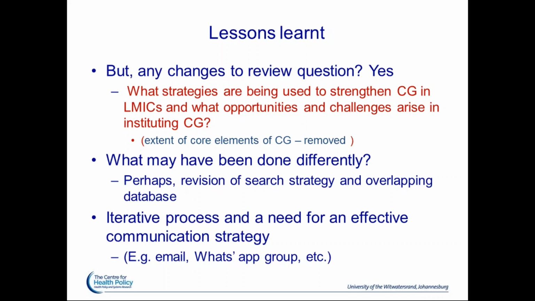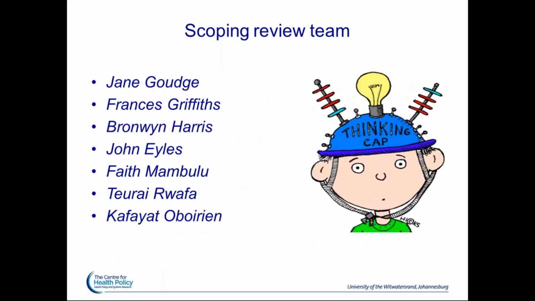But in all, we see the process as quite iterative. There is need for an effective communication strategy between co-reviewers in order to standardize our approach to the review. So sometimes we use emails and a WhatsApp group to get messages across.